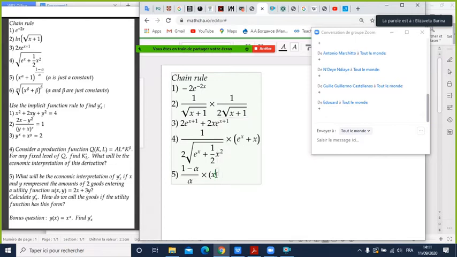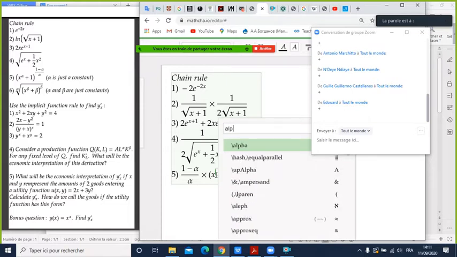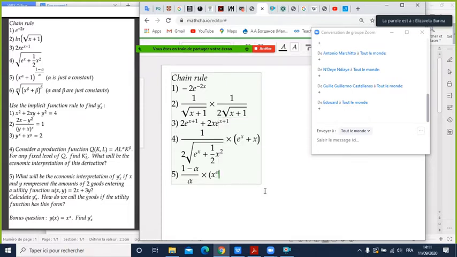X to the power of alpha plus 1 and then up. And what is the fraction that we get here?